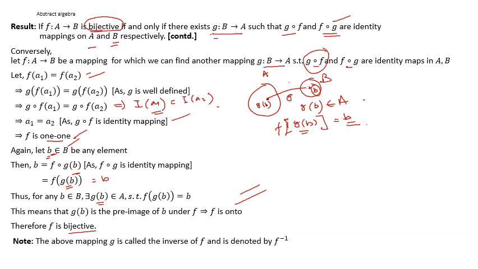Now this mapping, given any F from A to B, we have found that it is bijective if there exists a mapping G from B to A such that this is identity mapping.